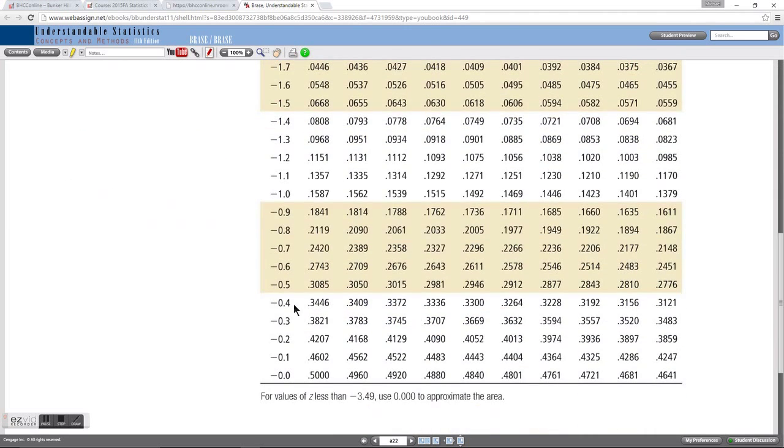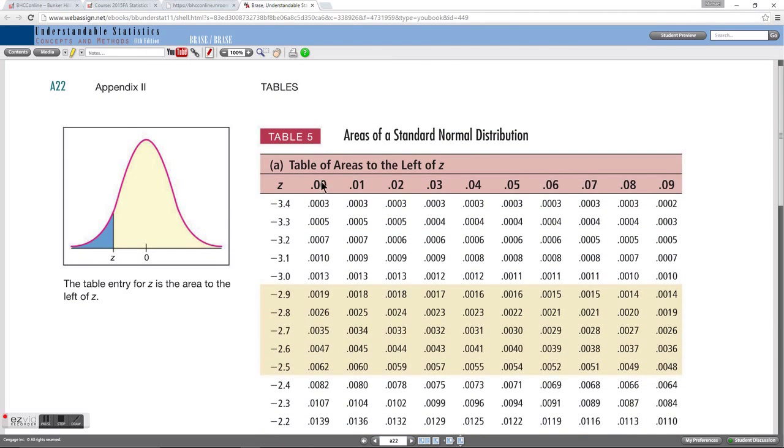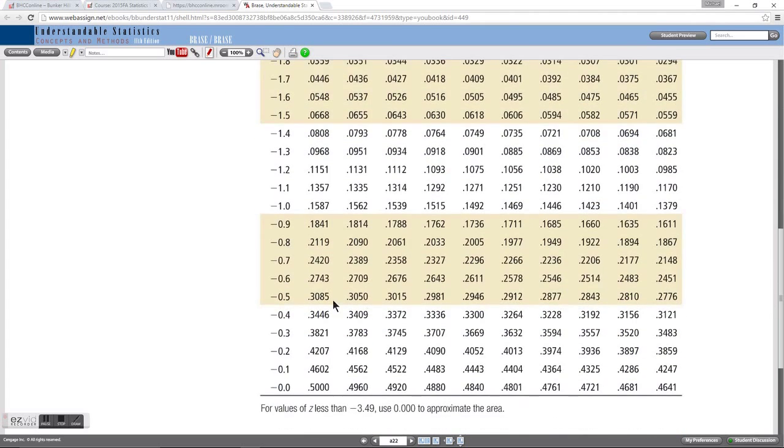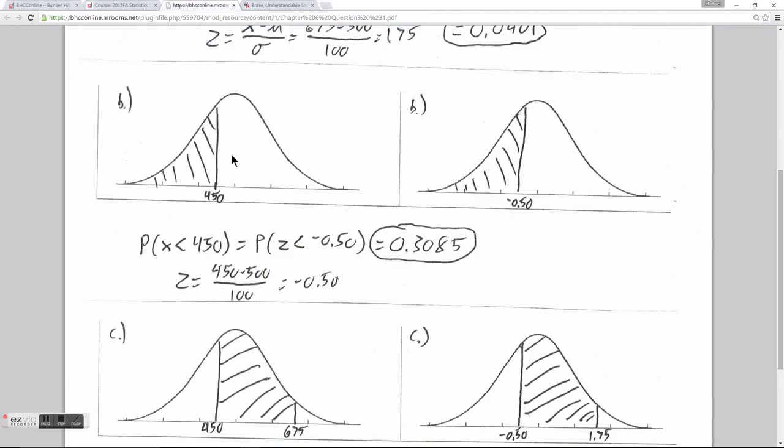So I go to negative 0.5 in the leftmost column. And then the hundredth digit is a 0, so it's this first column that I want to match up. So looking up z is negative 0.50 gives me an area of 0.3085. That's the area I desire, and that's the probability that a student scores less than 450 on the SAT.